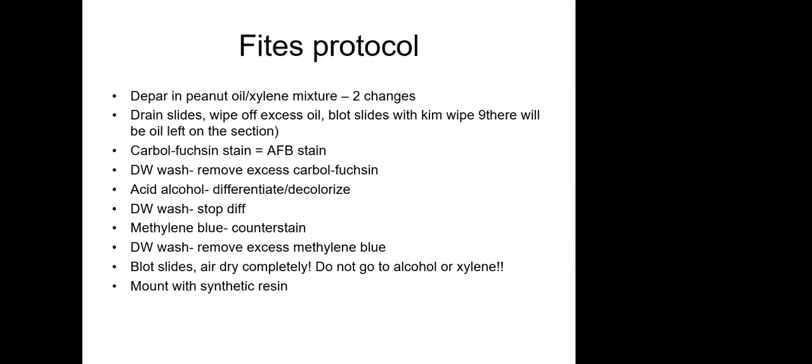So after I've given it about 5 minutes worth of drying and draining, I take a chem wipe and wipe off the slide itself of the oil, and then I lay a chem wipe down and drop my slide section on it. You're blotting it basically, right? So drop your section down on the chem wipe, leave it there for a little bit, to let that oil sort of come off the surface of your tissue.